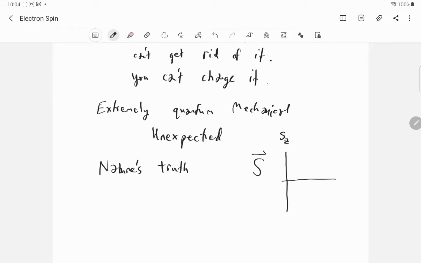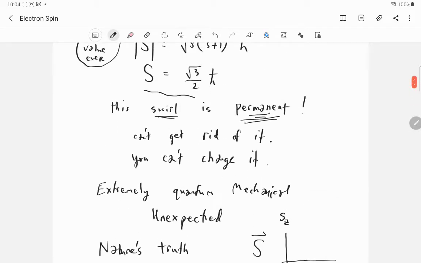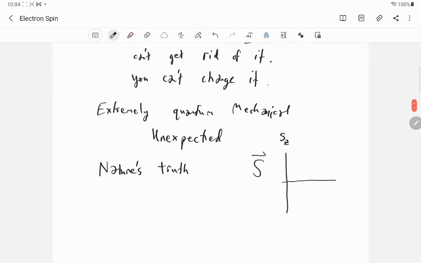We know that the angular momentum must be this length, but the z component can only ever be measured to be half h bar in magnitude. So the z component is either plus half h bar or negative half of h bar.